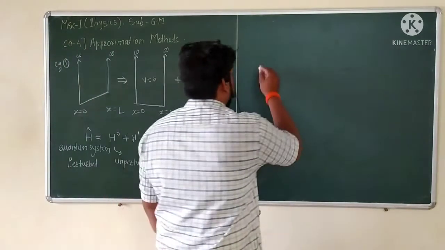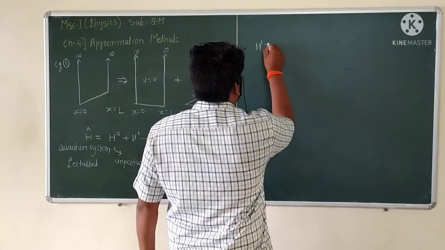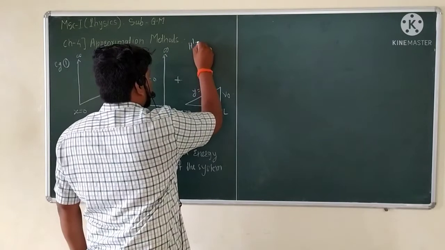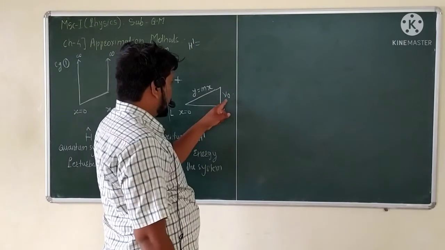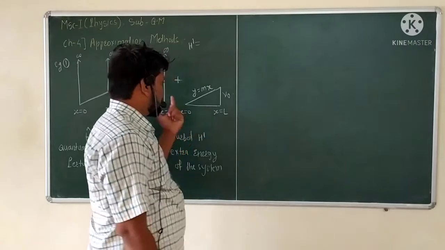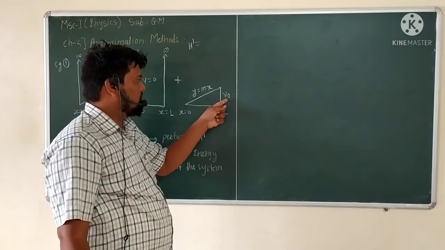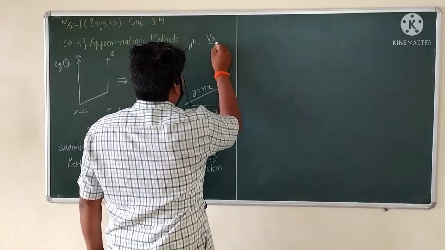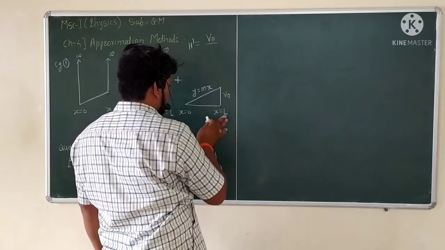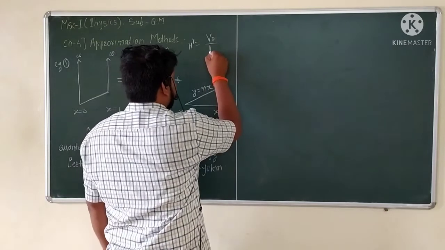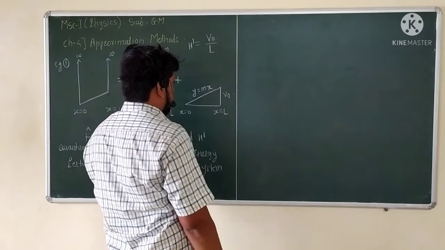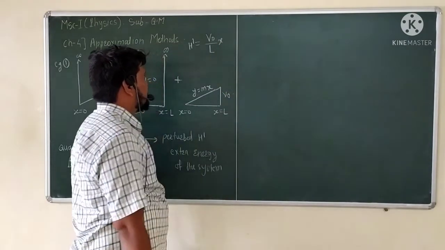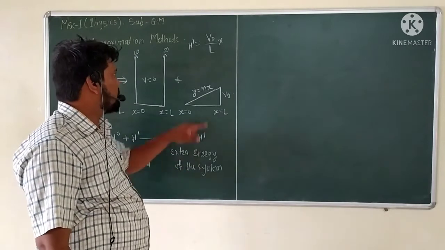This H prime I want to write here is nothing but the potential in this barrier, that is V naught, divided by the limit of this function, x is equal to 0 to L, so this limit is L, times x in the x direction. So that is the extra energy of the system.